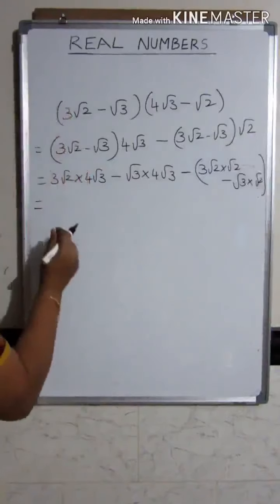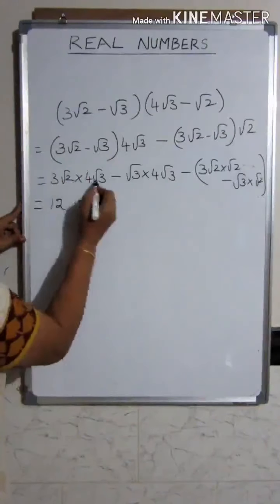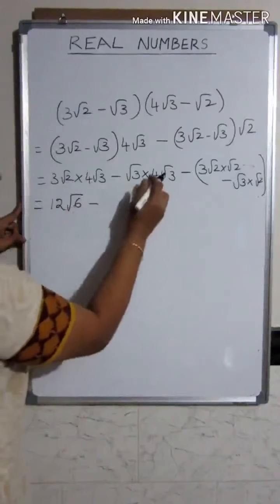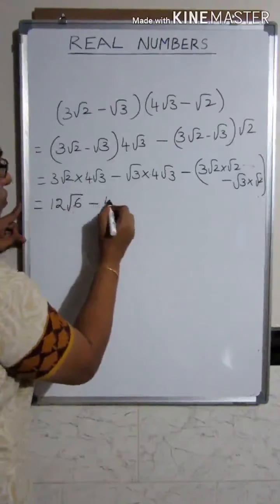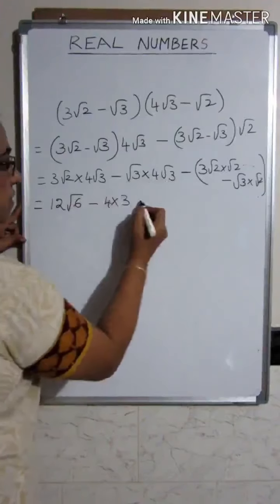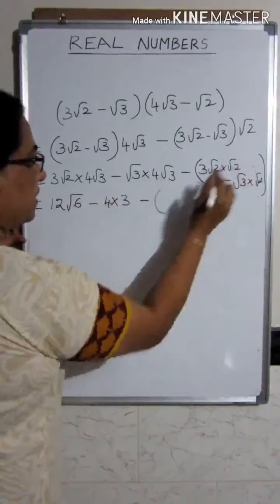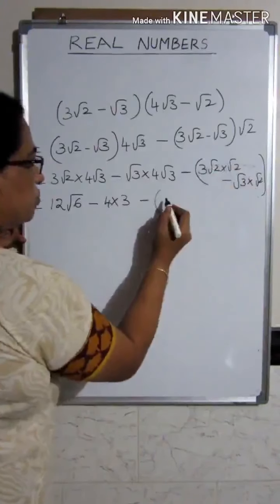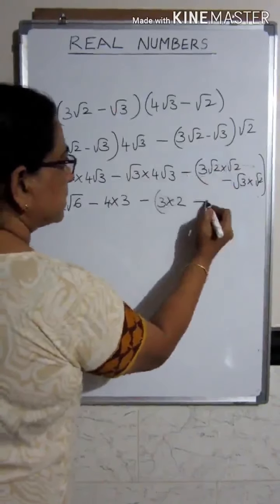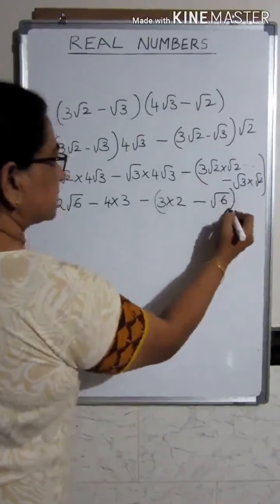Now this will be, first multiply the coefficient, 3 into 4, 12, then multiply the radicands, you will get it as 3 into 2 is 6, minus, now this becomes 4 into root 3 into root 3 is 3, then minus, the bracket you have got 3 into root 2 into root 2 is 2, so you will get 3 into 2, now minus root 3 into root 2 is multiply the radicands, you will get it as 6.